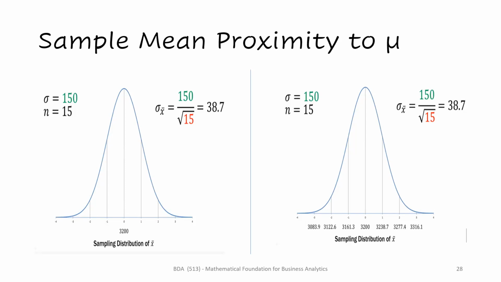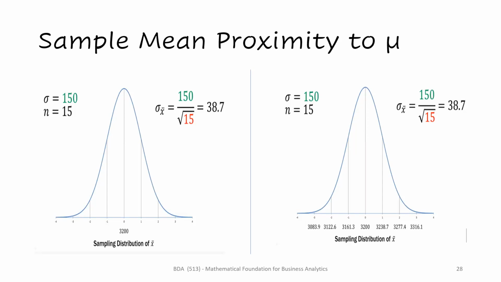When we come to the left, -1 is 1 standard deviation to the left, -2 is 2 standard deviations to the left, and -3 is 3 standard deviations to the left. Are we okay with that? Let me have some feedback from you.